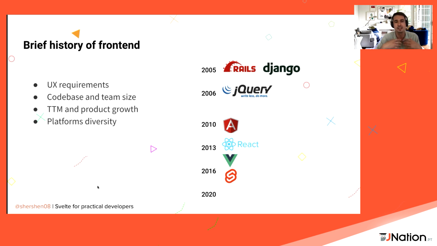However, the complexity continued to grow, and the code bases of a typical successful front-end project and the team size were increasing, and that gave rise to another generation of front-end tools, well known, like AngularJS, then React, and then even Vue.